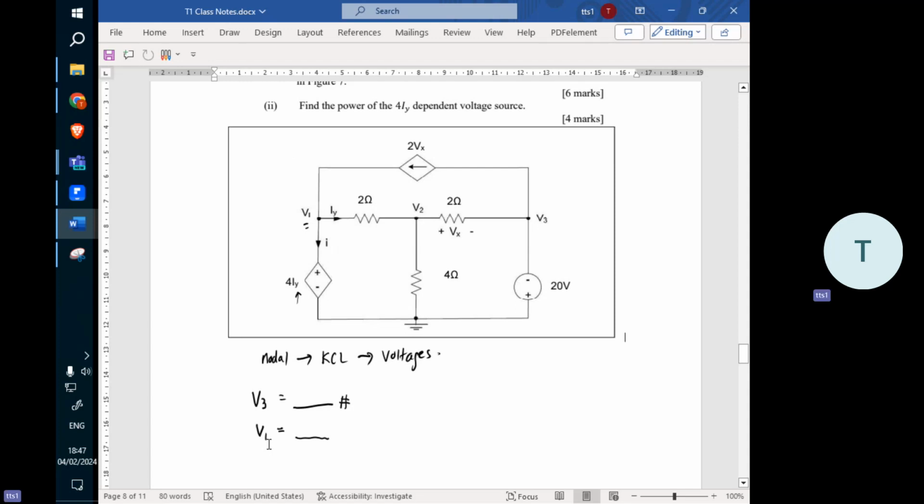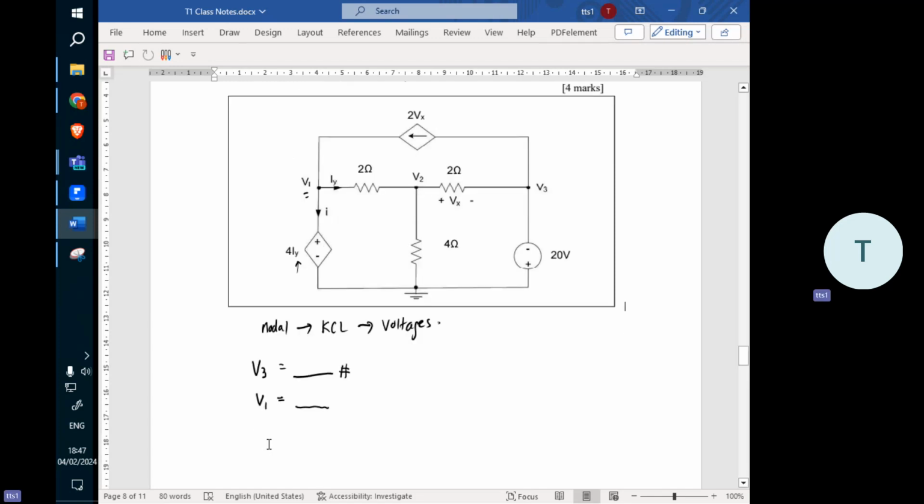Let's write the first KCL at node 1. You know KCL, right? KCL is the sum of the currents around this node.